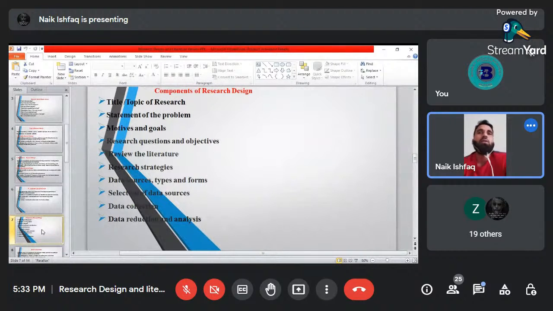Sometimes the topic of the research is divided in two parts. The first part is about the issue under the study, for example, and the second part is about the area of the study. That means if a researcher chooses a topic like problems and challenges of the viewers, a sociological study of district leader.